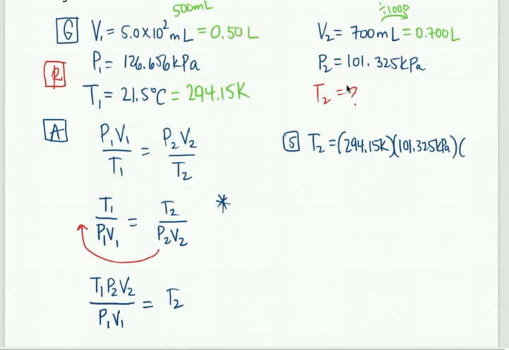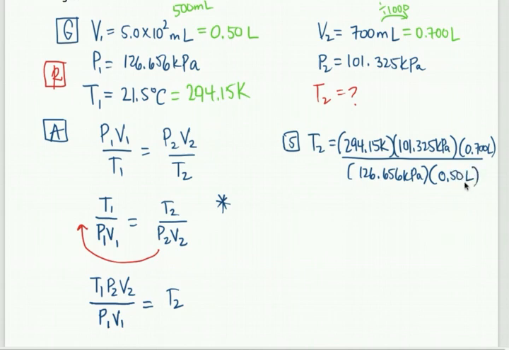Okay. All right, so we're going to multiply the second volume here and divide it all by the first pressure, the initial pressure, and the initial volume.